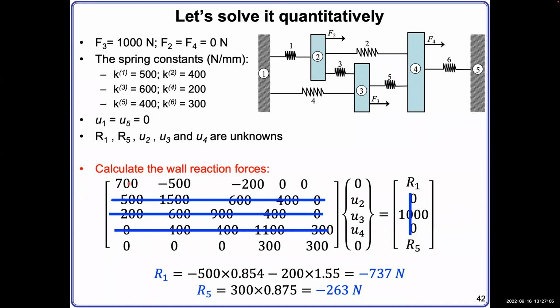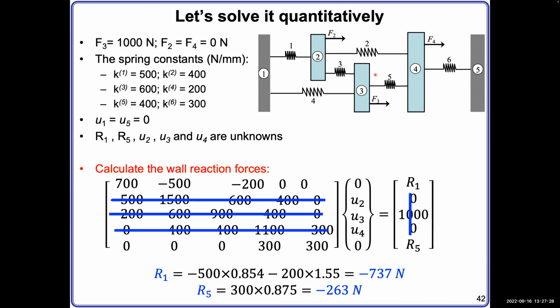We only need 2 rows. Row 1 times the displacement equals R1. Row 5 times the displacement equals R5. Correspondingly, we can get the forces R1 and R5. So by now, we solved all the questions and got all the unknowns in this system resolved.